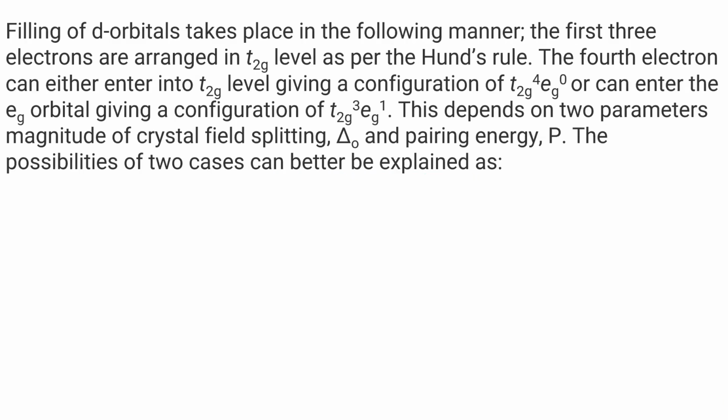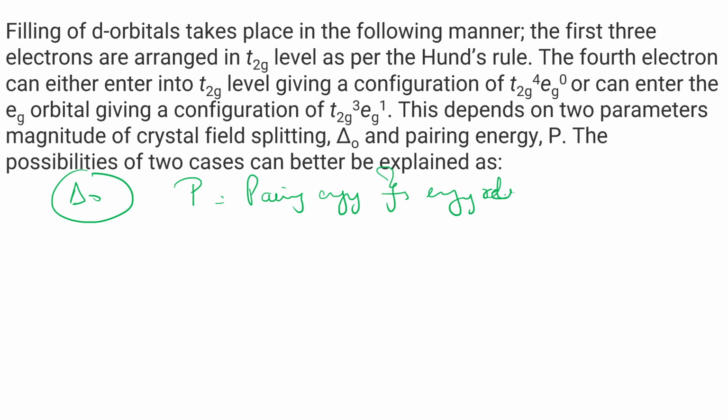So coming to the pairing energy now. The filling of electrons in the higher energy orbital or the lower energy orbital, apart from the splitting, that is delta O, also depends upon P, that is the pairing energy. Pairing energy is the energy released when electrons are paired in an orbital.